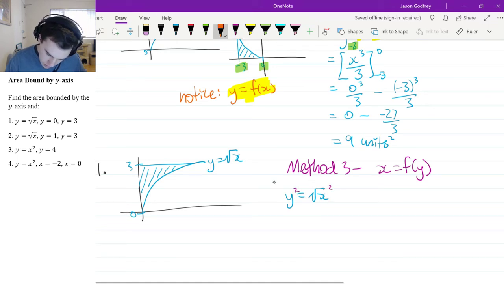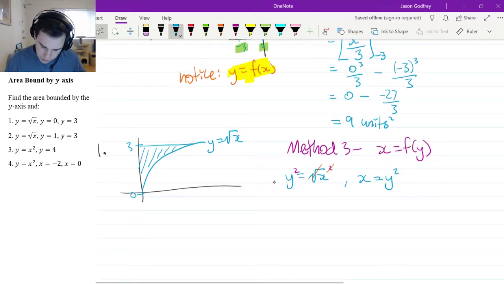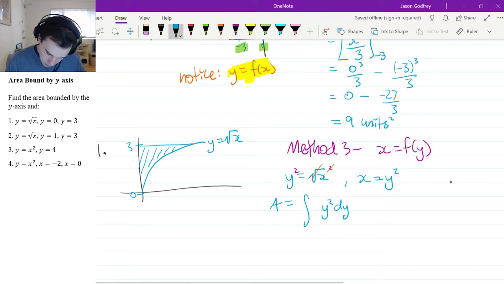We'll square this because we'll cancel out, and now we'll have x equals y squared. So because we've got x as a function of y, we can integrate y squared with respect to y over this range of y values from 0 up to 3.